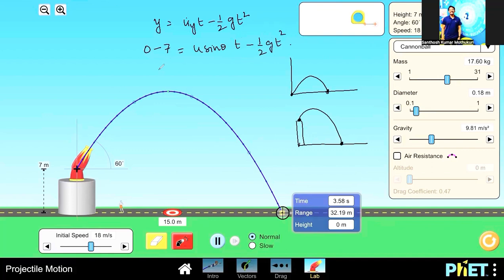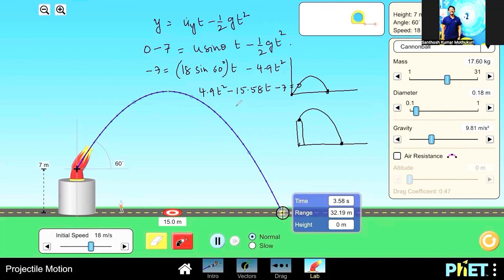Negative 7 equals initial velocity 18 and sine 60 degrees times t minus 1 by 2 times 9.8, 4.9 t squared. Now when you write this as an equation, you will get 4.9 t squared minus 18 sine 60, which would be 15.58, times t minus 7 is equal to 0.